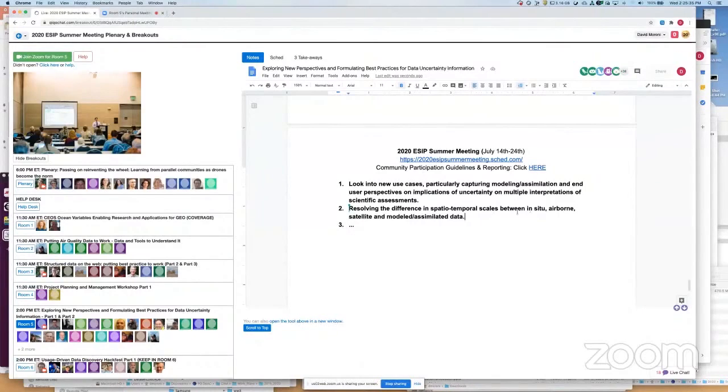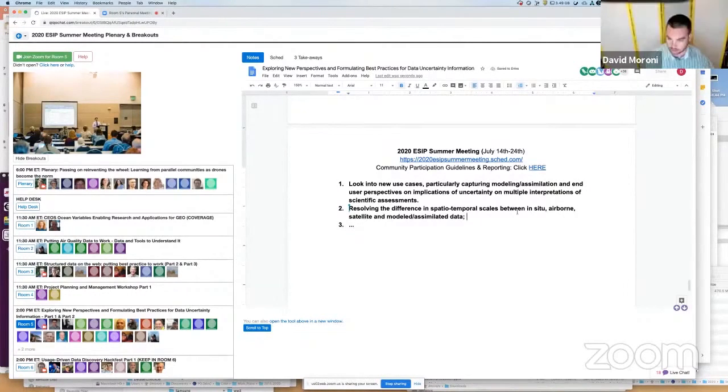Okay, so I'm going to add to that: common ways of resampling, or for lack of a better word, I'm just going to say data fusion applications. But what does everybody think about the high level statement here?